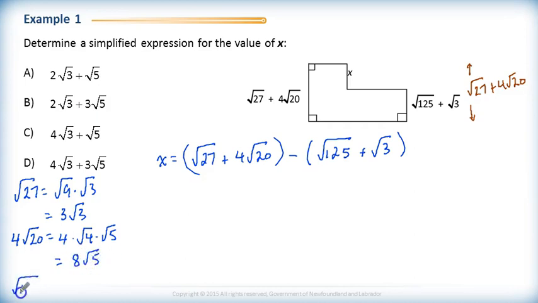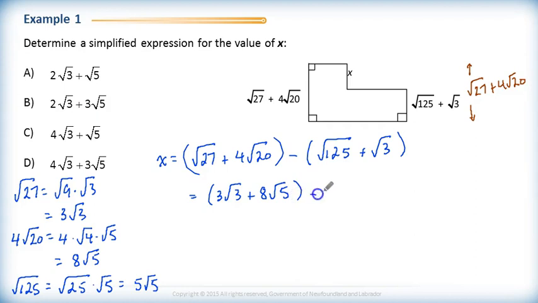And finally, the square root of 125, that can be thought of as the square root of 25 times the square root of 5, which gives us 5 root 5. So back to the problem here, we actually have 3 square root of 3 plus 8 square root of 5, subtract 5 root 5, and the square root of 3, we couldn't do much with that to simplify it.